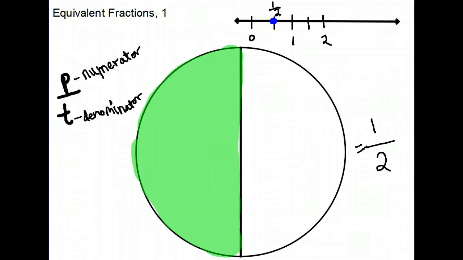Now what we mean when we say equivalence is, what if I were to draw a line and make an even cut across my pie here? Do I still have the fraction 1/2? Obviously, yes. I haven't changed what I've shaded, but I have changed the number of pieces of my pie.